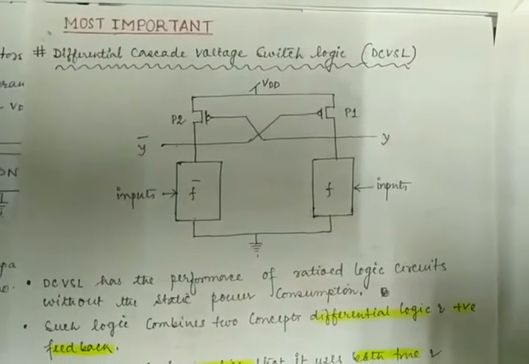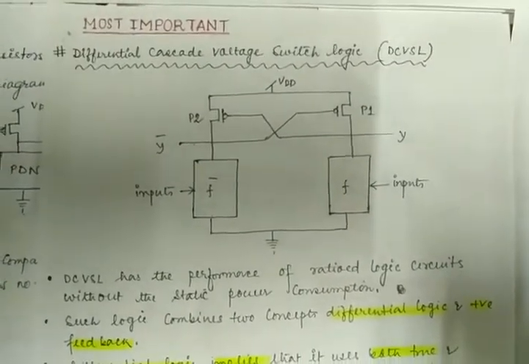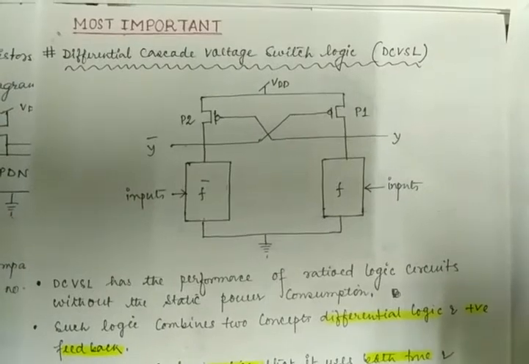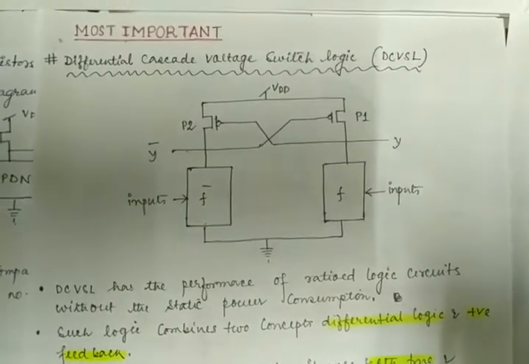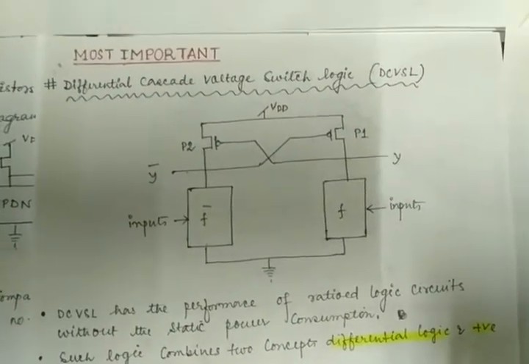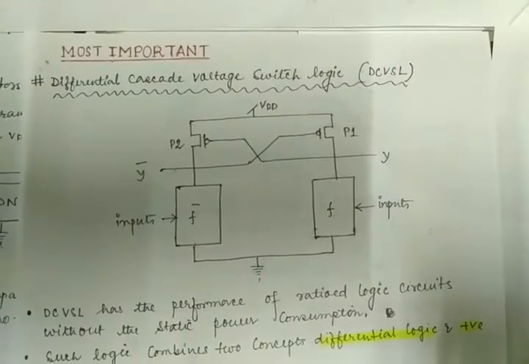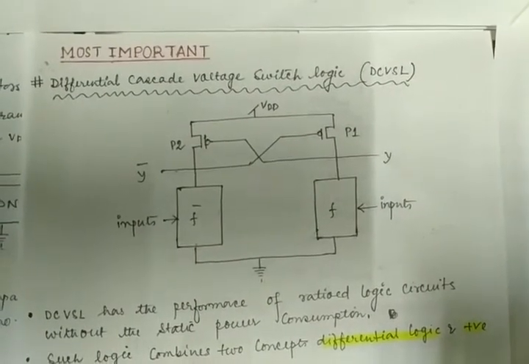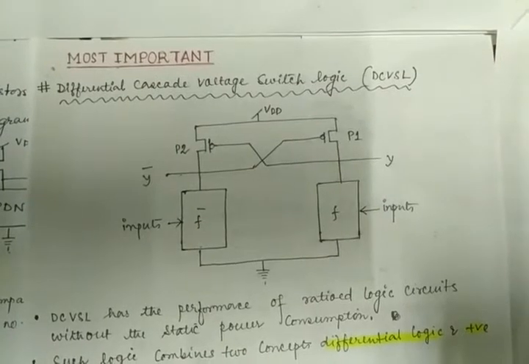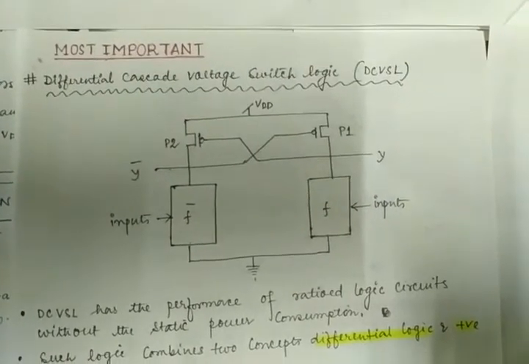But what is the significance of this differential logic? Differential logic means it uses both true and complementary input signals, and in parallel it generates true and complementary outputs also. True and complementary output means 1 or 0. Clear?